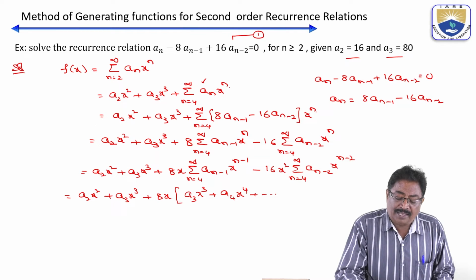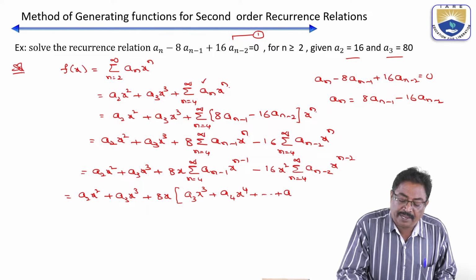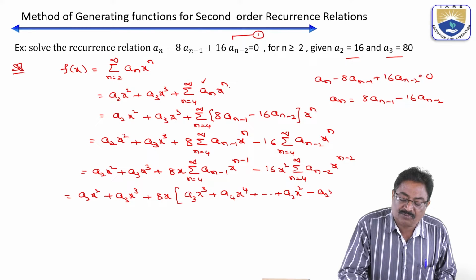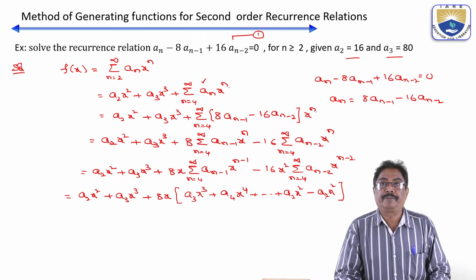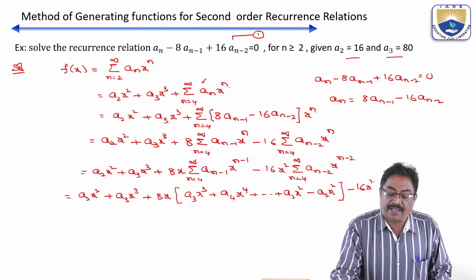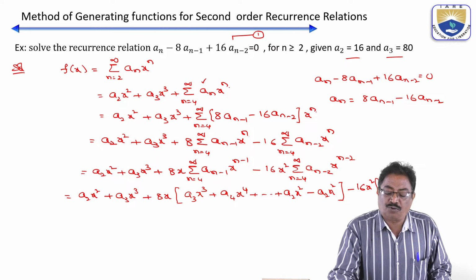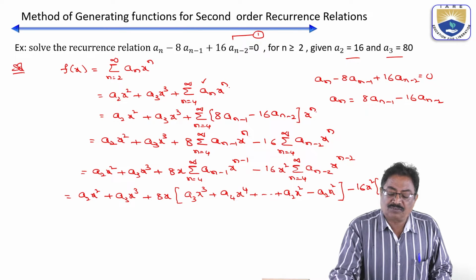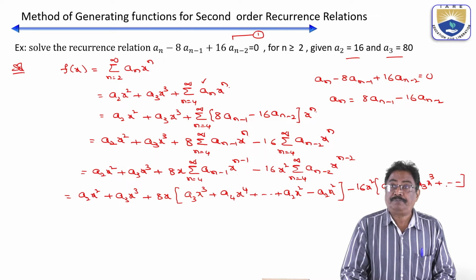So for that I am going to add a2 x square and subtract a2 x square, minus 16x square, and n equals 4 gives a2 x square, plus n equals 5 gives a3 x cubed, plus and so on I am getting.